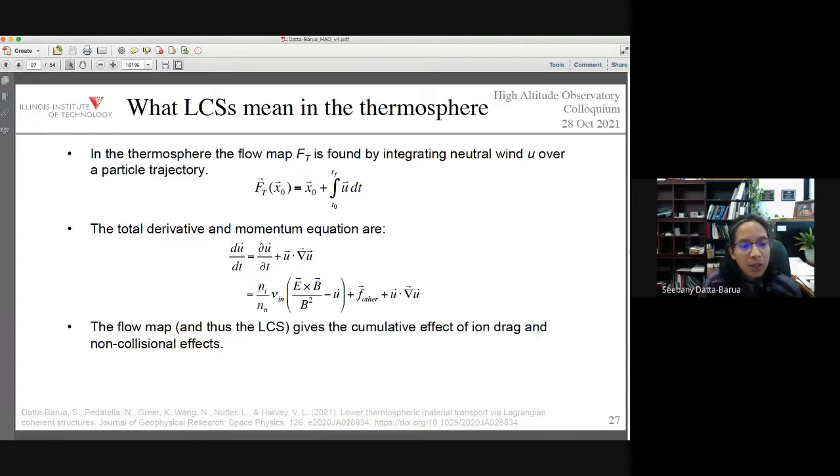Here, the collision frequency nu sub in between ions and neutrals, and the difference between the ion velocity, E cross B drift, and the neutral velocity, U. And there will be other non-collisional effects as well. So the flow map, and therefore the LCSs, are indicating a cumulative effect of ion drag and non-collisional effects as well.